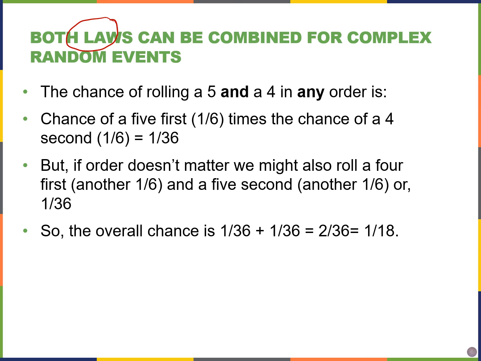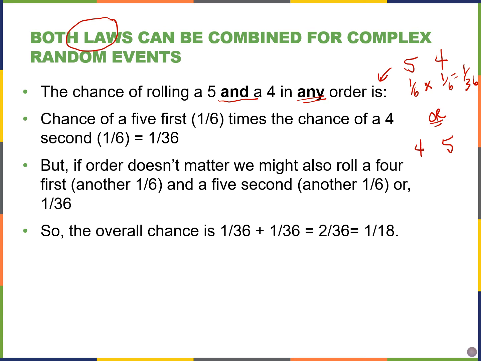So let's look at this problem from our book, the chance of rolling a 5 and a 4, but in any order. So I can get a 5 first on one die and a 4 on the second die, or I could get a 4 on the first die and a 5 on the second die. I know from my previous slides that the chance of getting a 5 is 1 out of 6, and getting a 4 is 1 out of 6, so that's 1 out of 36.